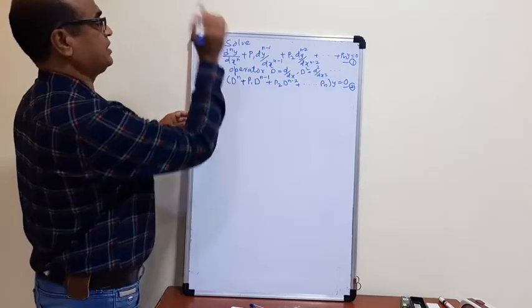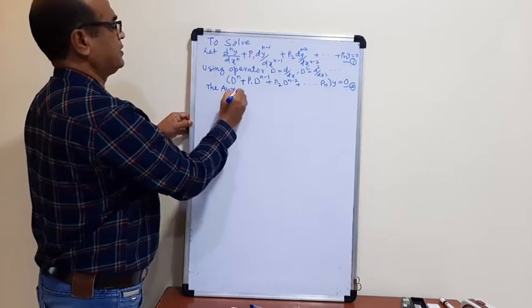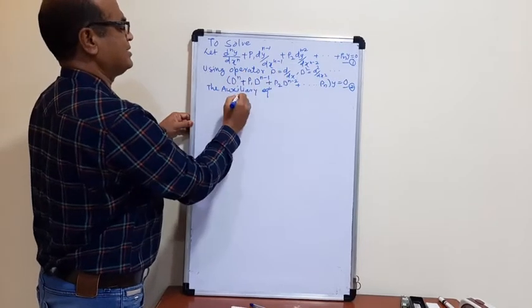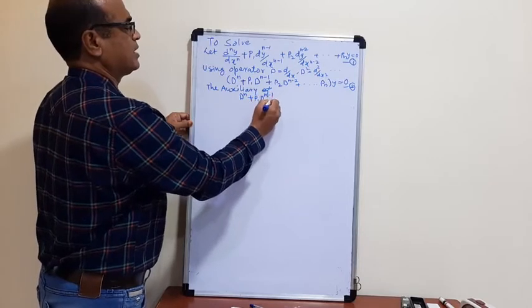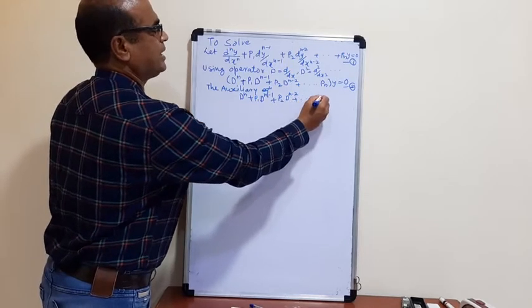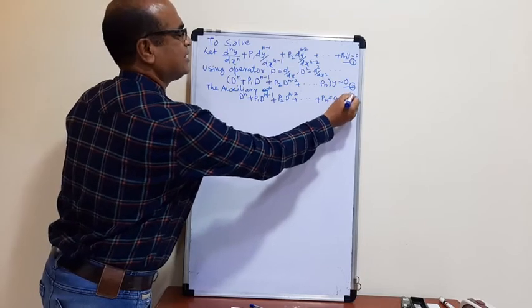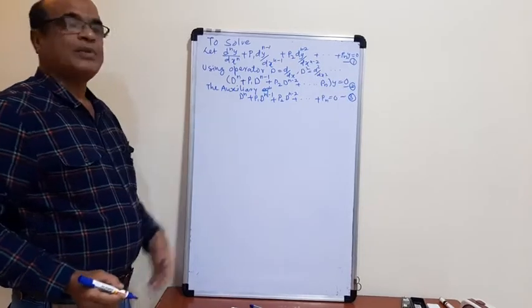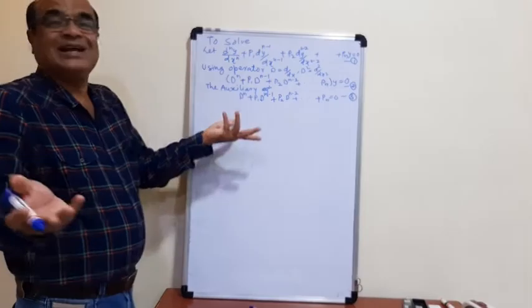So the auxiliary equation is D^n plus p1 D^(n-1) plus p2 D^(n-2) plus and so on, plus pn is equal to 0 simply. So this is the auxiliary equation. This is an algebraic equation of degree n.